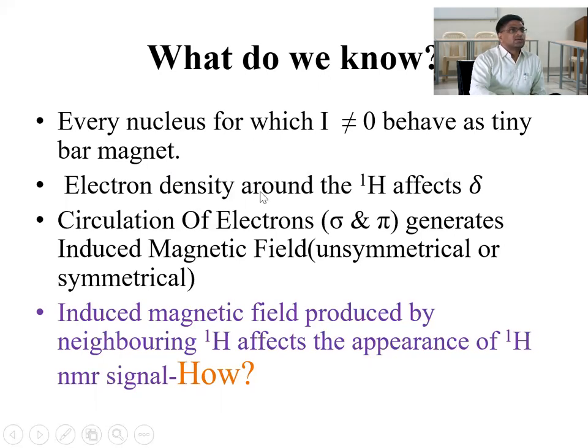Next is electron density around the proton affects chemical shift value. Is it clear?